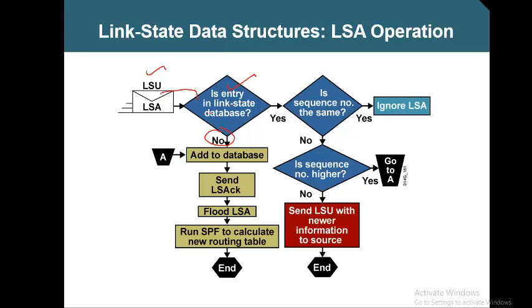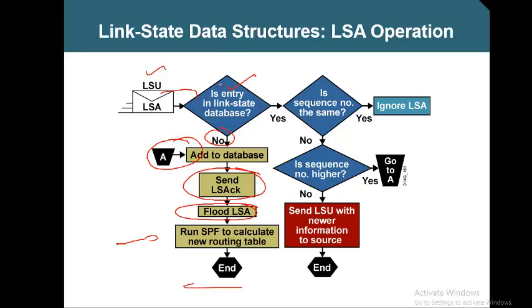Whatever the sequence number, that doesn't matter. This is the first time you are receiving something, so add it to the database. Send the acknowledgement to the sender who sent it. And then flood this information downstream, to your own neighbors. You receive from upstream and flood to downstream so that they also know about this. Then run the SPF on this database and put the best path into the routing table. The process ends.